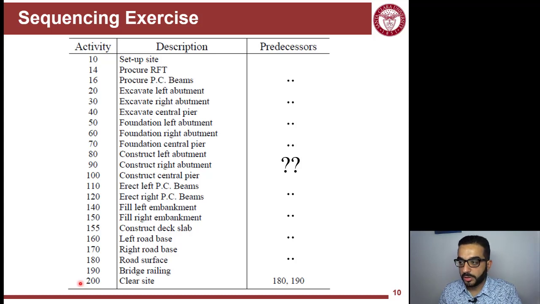So for example, clearing site. To clear the site and deliver this project to the owner, the customer, what needs to be done? So here it's activities 180 and 190. 180 is surfacing the road, and 190 is bridge railing. So these are finish activities in terms of you want to keep them to the end for different reasons.